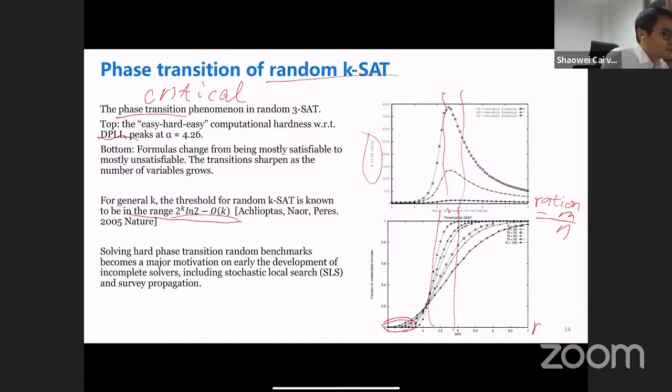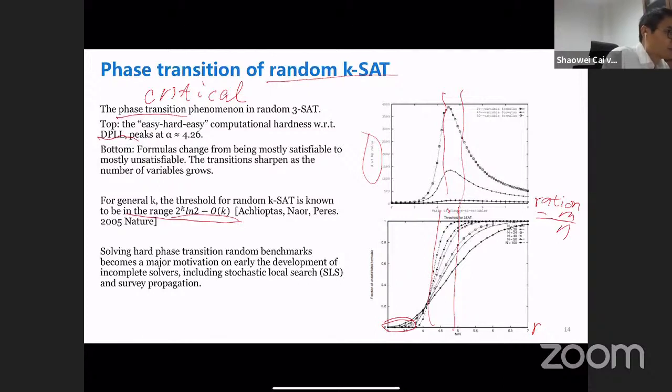And this phase transition is interesting not only because it is connected to the physics phenomenon, it also motivates the early development of incomplete solvers, because such formulas are very hard to solve by DPLL or CDCL solvers, even nowadays, because they are too, I don't know, too random. So it's hard to reason about the structure. And also when it sits in the phase transition, the hardness is very high.